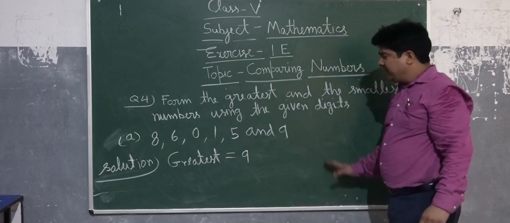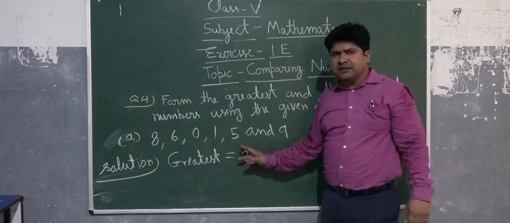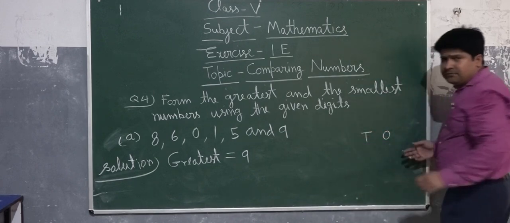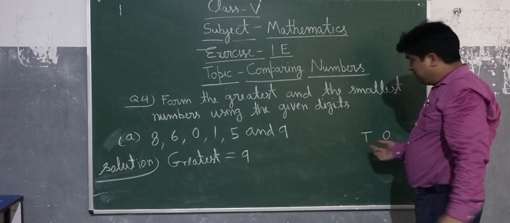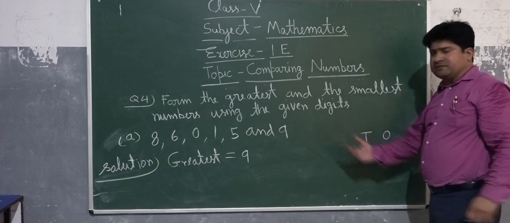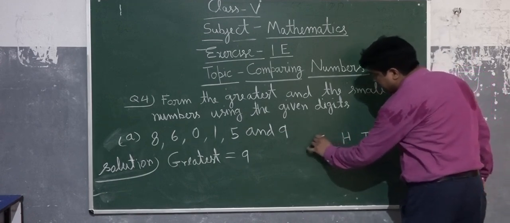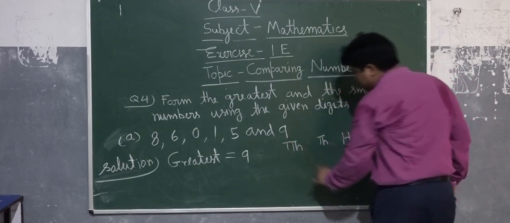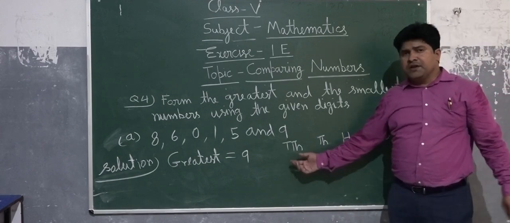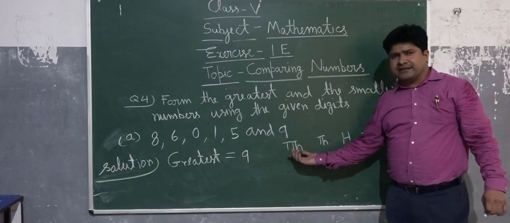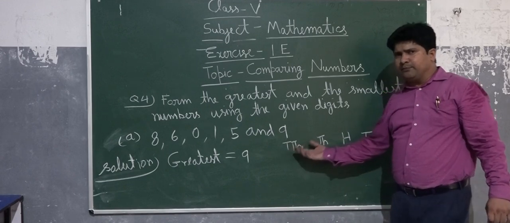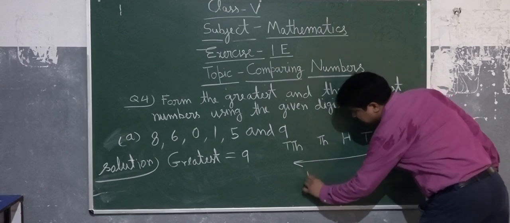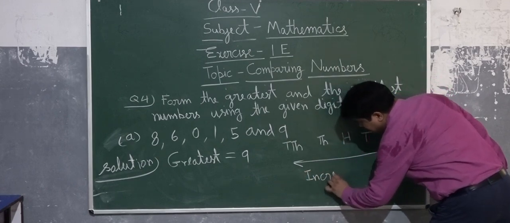Why is this placed in the leftmost place? Because if you are moving in the place value chart from right to left, the values are increasing.